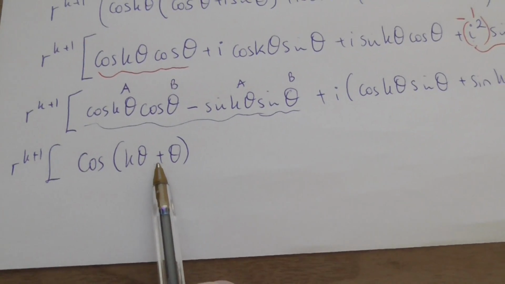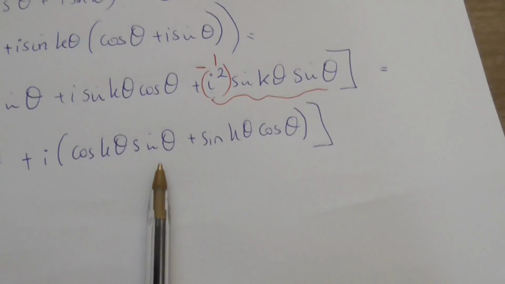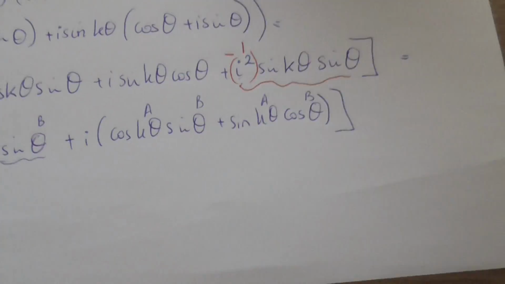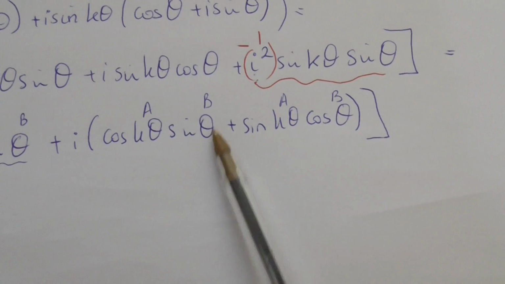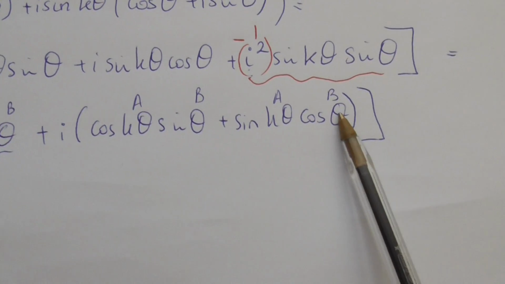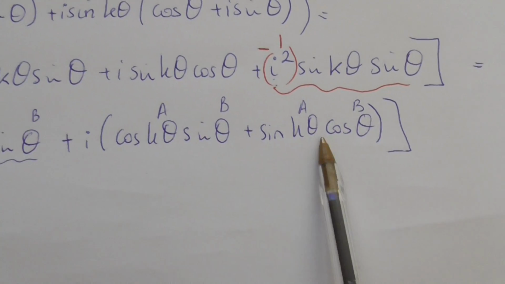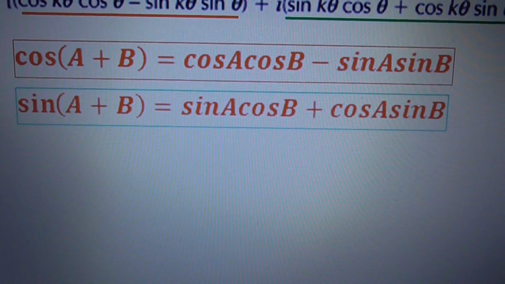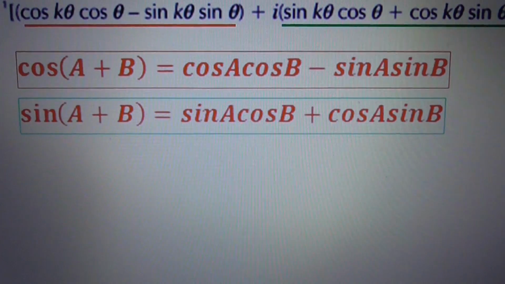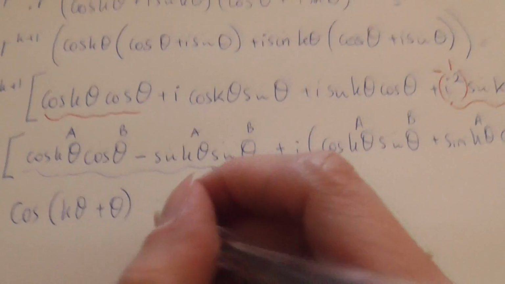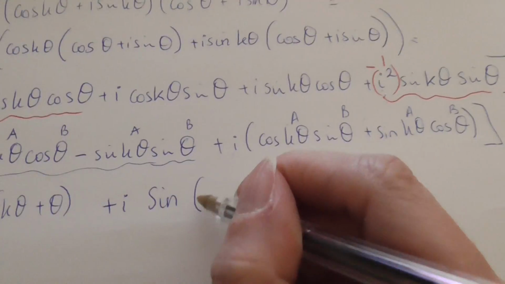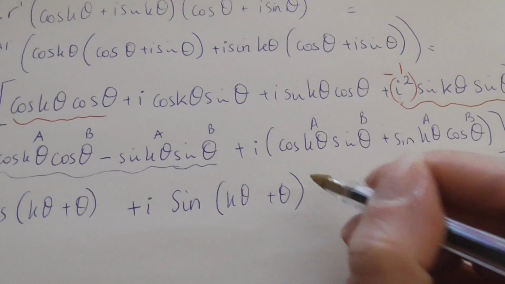Again, if you look at this side, same thing: that's A, that's B, that's A, that's B. So you are looking for a formula that has cos A sine B plus sine A cos B. You'll see that you're going to use the sine of A plus B formula, because sine A plus B is equal to sine A cos B plus cos A sine B. So this is now going to be plus i times the sine of A plus B, where A is k theta and B is theta.